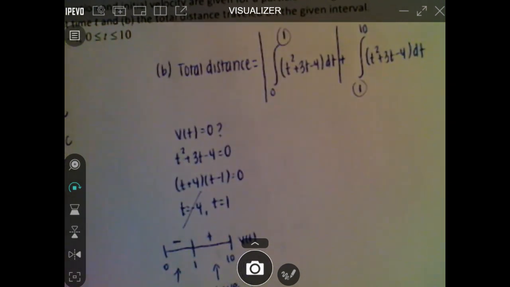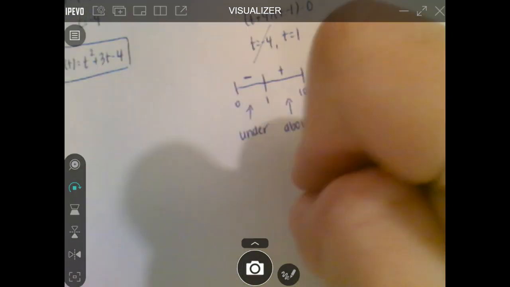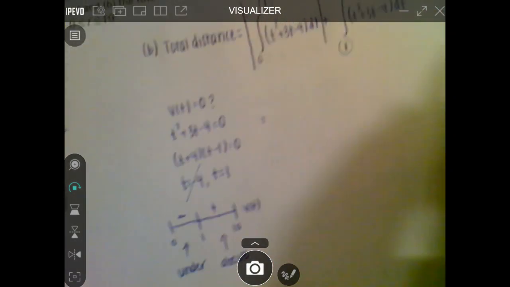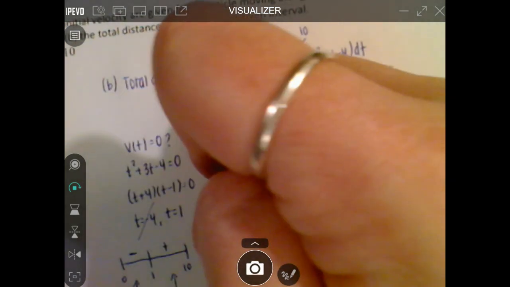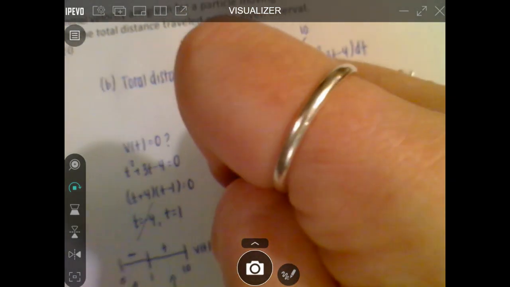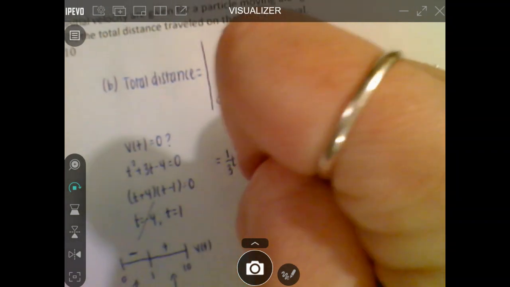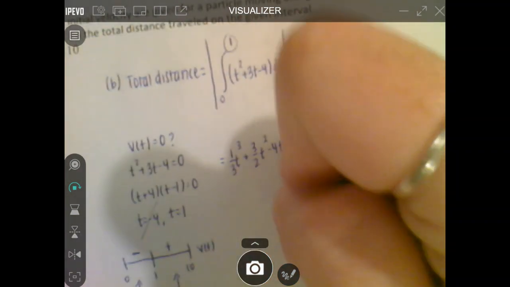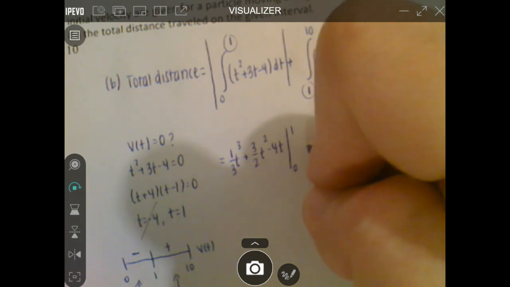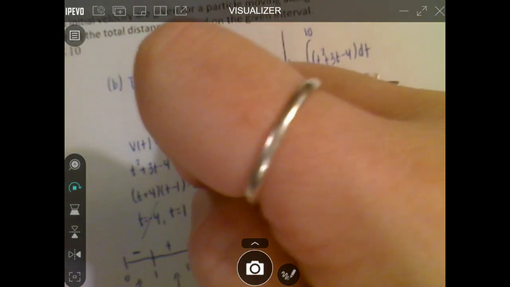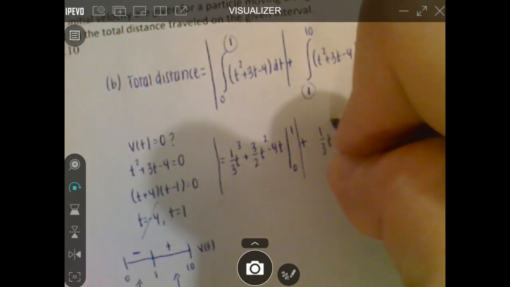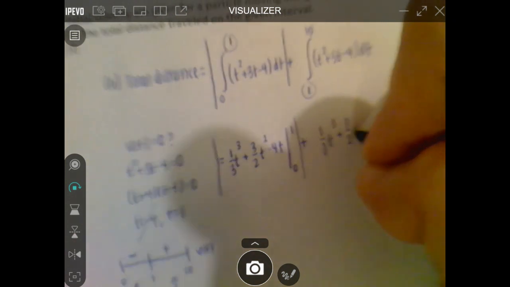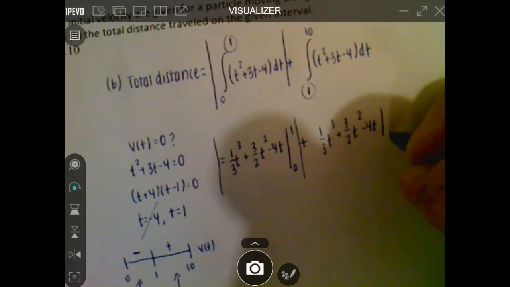So I need to find myself an antiderivative here. My antiderivative looks like it's going to be, let's see, 1/3 t cubed plus 3/2 t squared minus 4t. And I'm going to have to evaluate that from 0 to 1, and again, in absolute values. And then evaluate 1/3 t cubed plus 3/2 t squared minus 4t from 1 to 10.